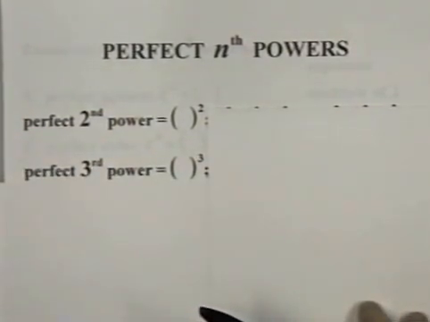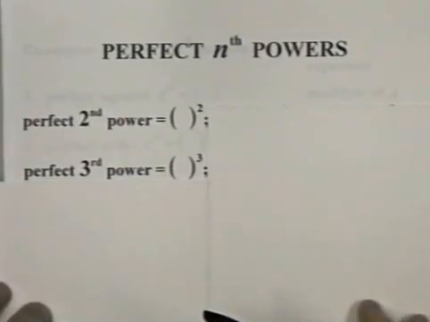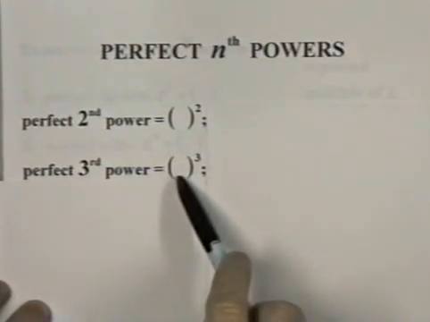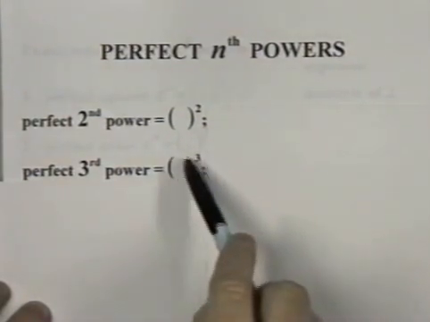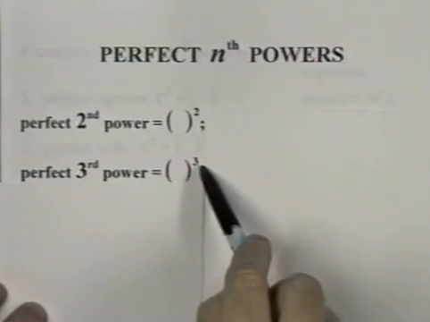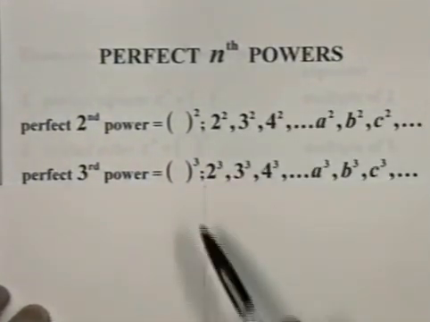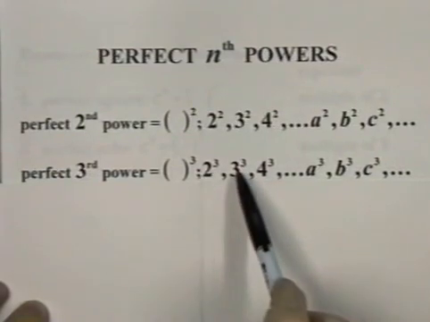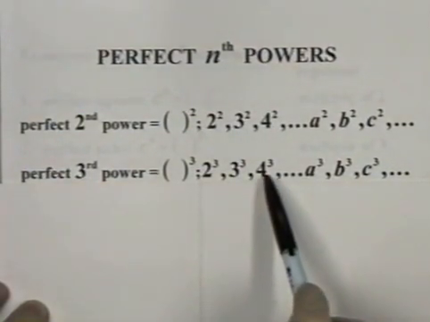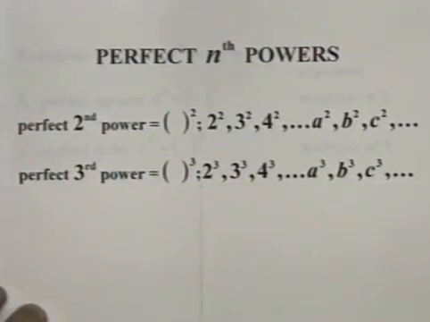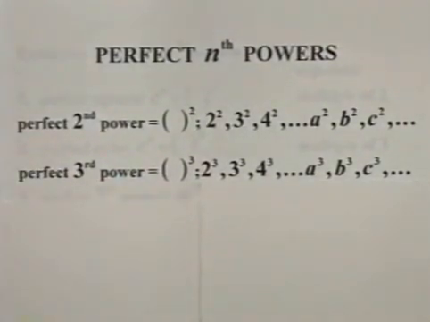A perfect 3rd power, or a perfect cube, is any quantity that can be written as some other quantity cubed. If you can write it as a quantity cubed, then it's a perfect 3rd power. Clearly 2 cubed or 8, 3 cubed or 27, 4 cubed, 64 is a perfect cube, or in variables, those are perfect cubes. And we can go on down the list.